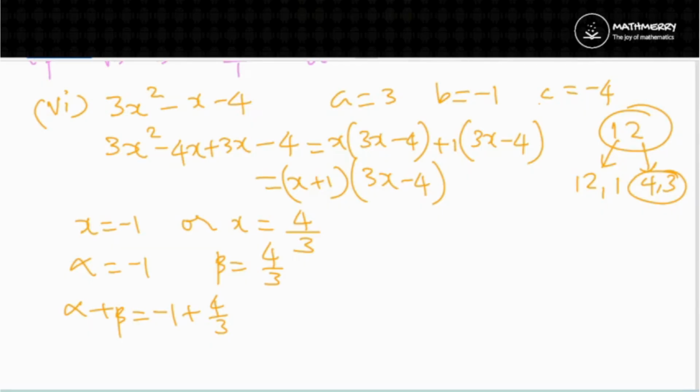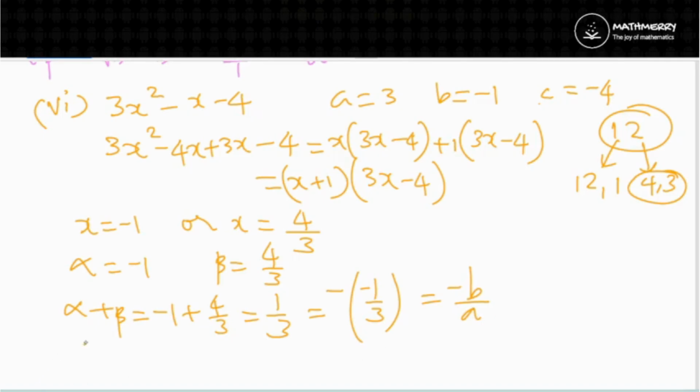On cross multiplying, what we will get? We will get 1 by 3. Now if you see here, we have b as minus 1 and a as 3. So this we can write it as minus of minus 1 by 3. So this is equal to our minus b by a.